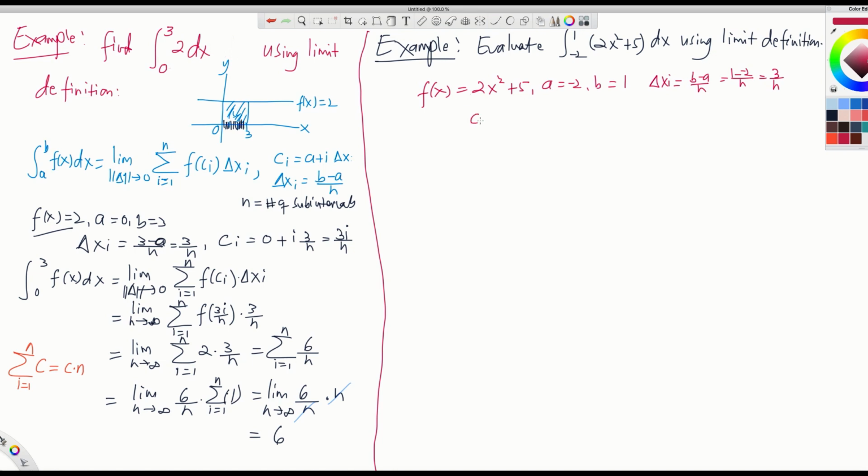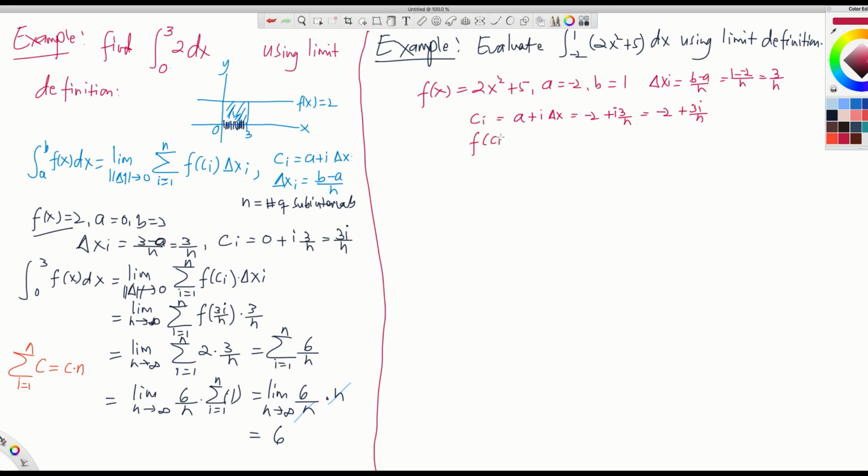So what is ci also? The formula for ci is a plus i times delta x, right? A is negative 2 plus i, and delta x is 3 over n. Basically, you can write negative 2 plus 3i over n, that is ci. So what is f of ci then?